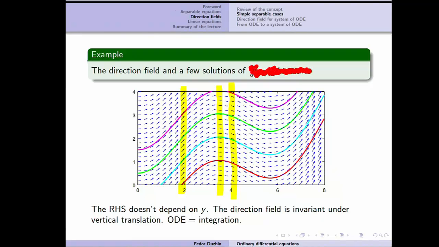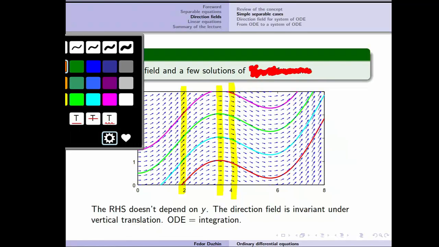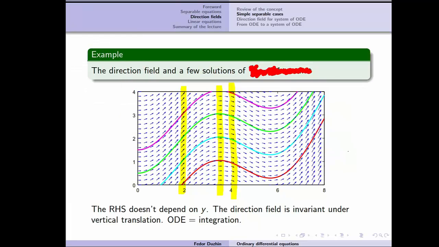If you just look at the vector field, what you see immediately is that along every vertical line, all the arrows are the same. Which means that the right-hand side of our differential equation does not have a y in it, so it only has a t. Just looking at this, you can immediately see that our differential equation looks like dy/dt is some expression g of t. It doesn't have y.